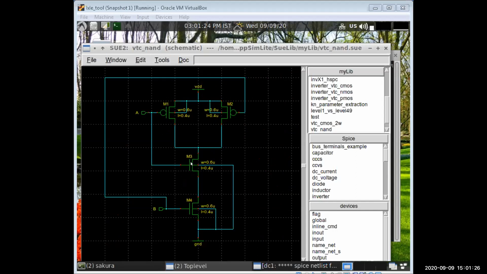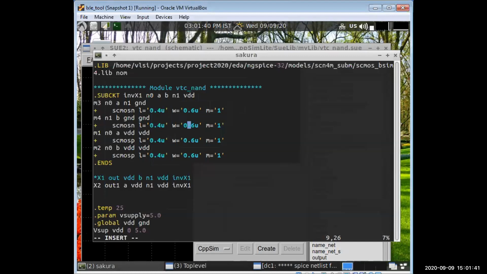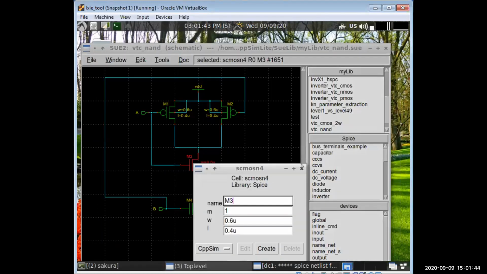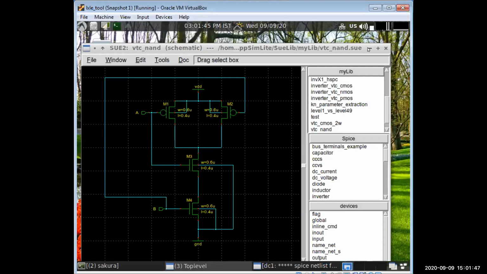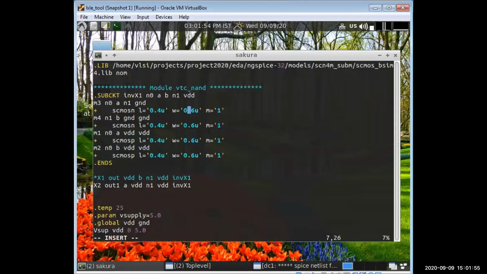Now, as sir said, we have to change the width of this. We have to double these two widths. So after doing that, let's go to the next step. This is changing the width of these MOSes, 1.2, and this is also 1.2.